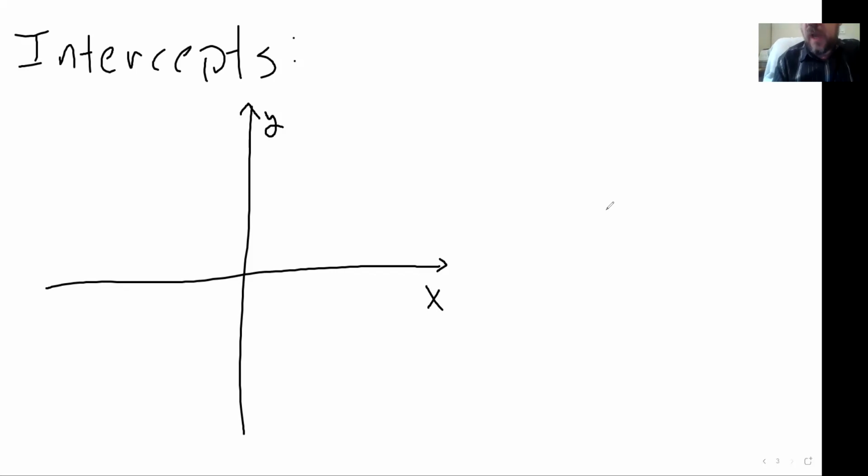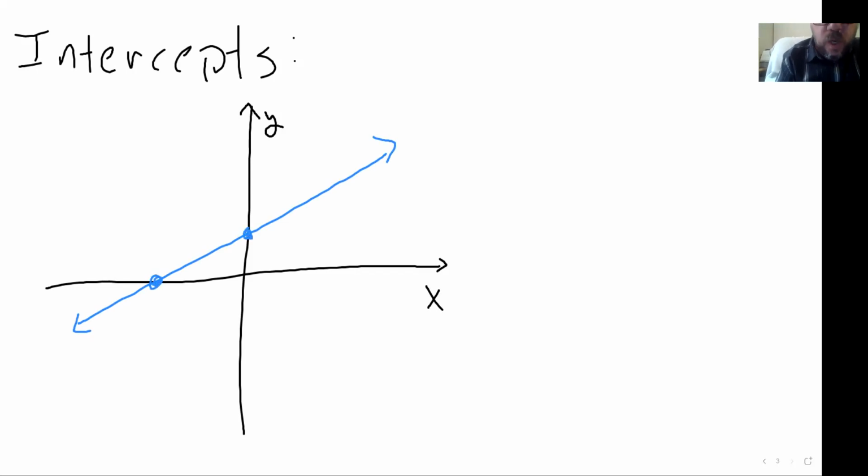So picture a random line on this graph. So let's make it a different color so it doesn't look like the axes. There it is. There's my line. There's two really important points here with respect to the axes, which is where it hits them, right? So this line hits the axes here and here, and those are called the intercepts.